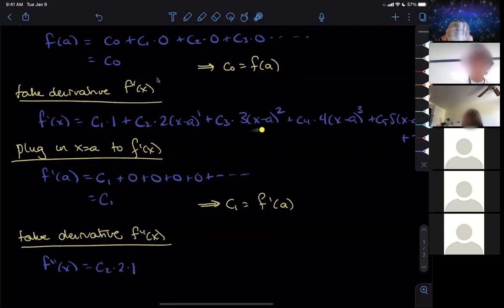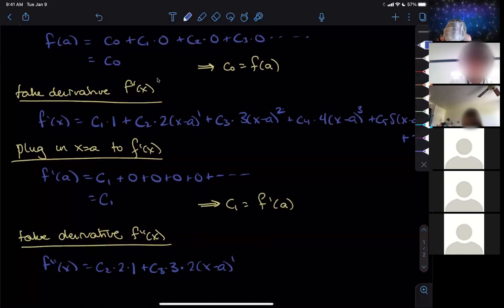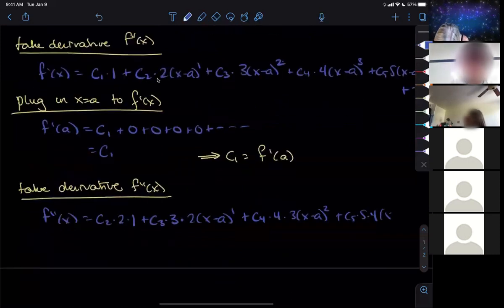What happens here? Well, I'm going to have c3 times 3. Then when I take the derivative of this piece, I'm going to have 2 times that thing to the 1 power using the chain rule. So it's going to be times 2(x minus a) to the 1 power. And then we're just going to keep doing the same thing. It's going to be c4 times 3(x minus a) squared plus c5 times 4(x minus a) cubed plus etc. on down the line.